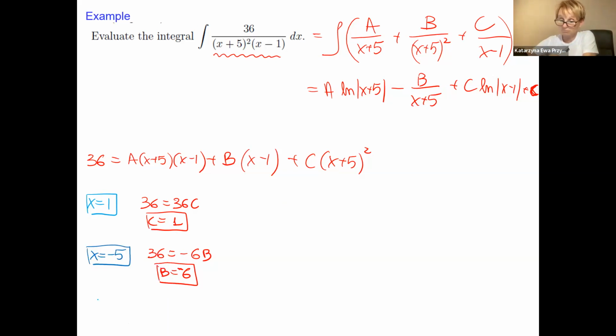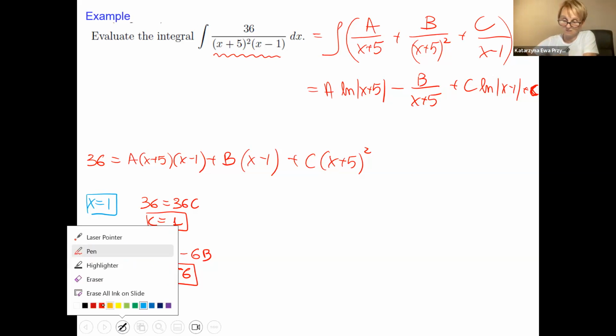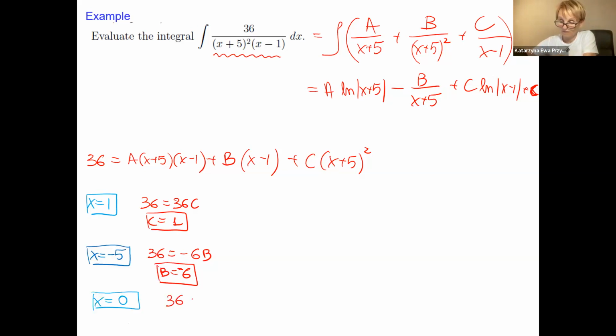We can pick any other value. Let's take 0, because that's one of the easiest. We will have this 0, 0, -5a, 0, -b, 0, 25c, correct? But now we can substitute, of course.